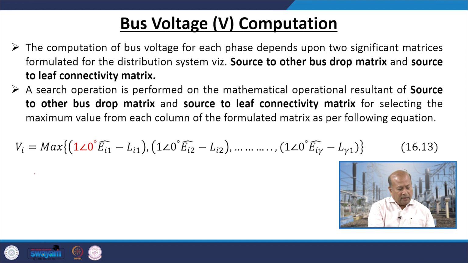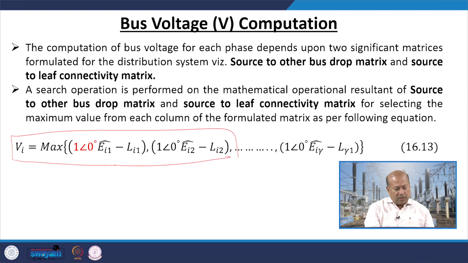Now, Vi is defined as the maximum of 1 angle 0 times Ei1 minus Li1, or 1 angle 0 times Ei2 minus Li2, up to the last gamma point, and you identify the maximum out of which will be my Vi.